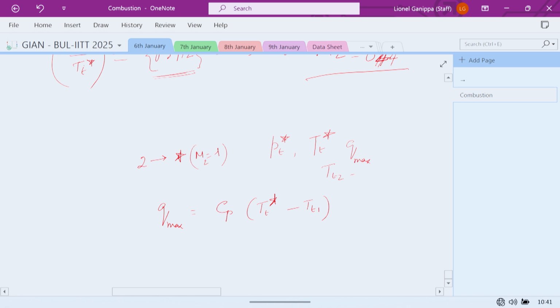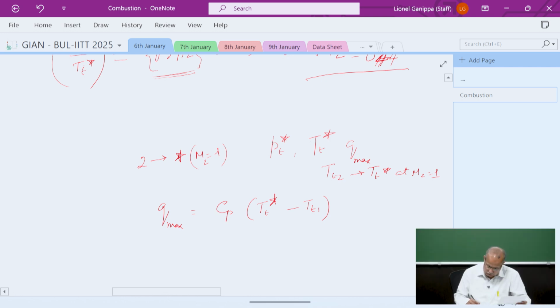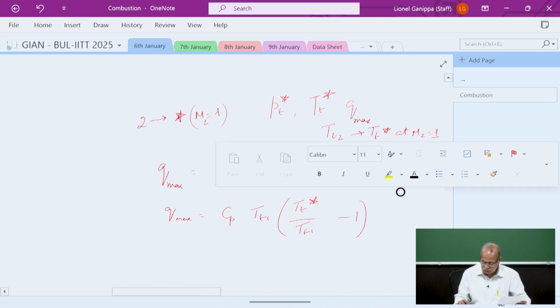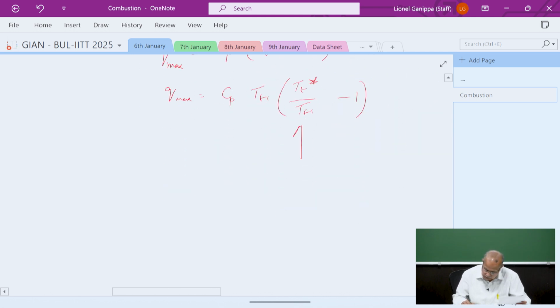TT2 value will be TT star at M2 is equal to 1. That's the maximum one. So this is TT1. To find this, Q max is equal to Cp TT1 into TT star by TT1 minus 1. Now you can see that this fits in directly at M1 is equal to 0.17.